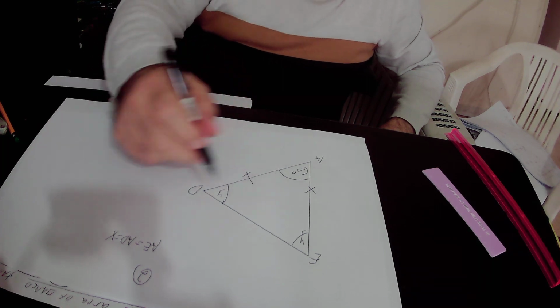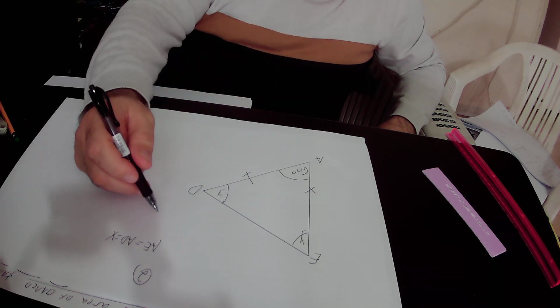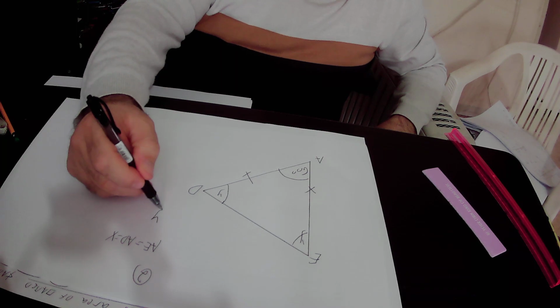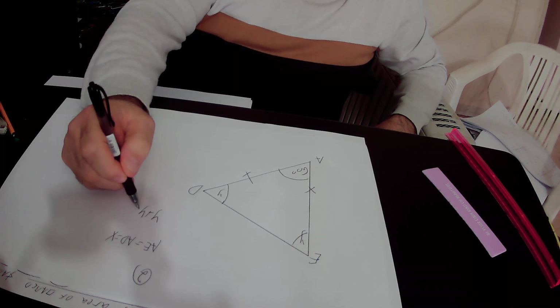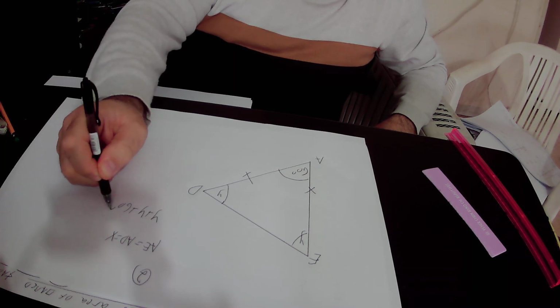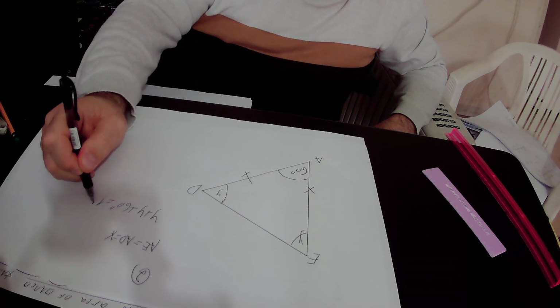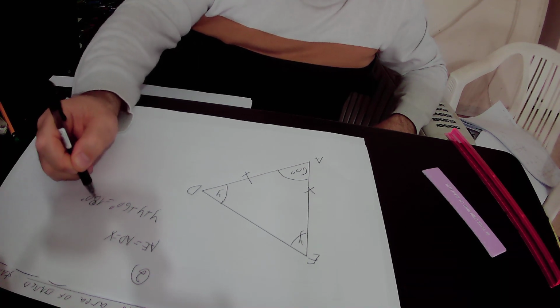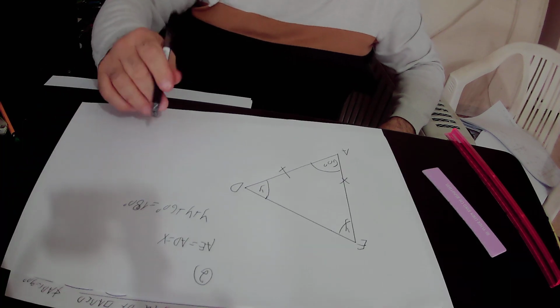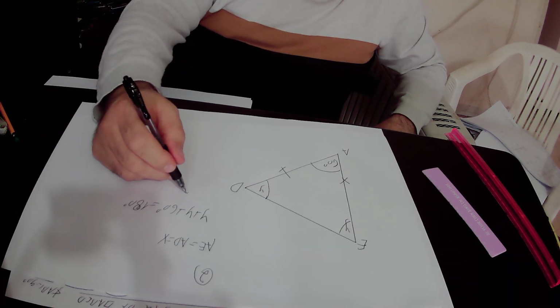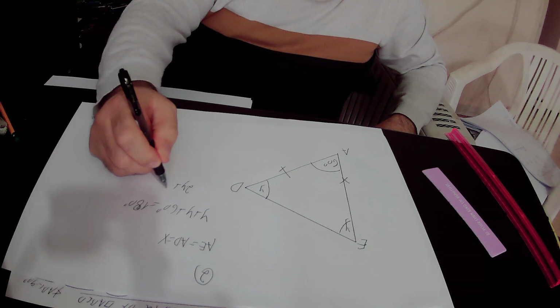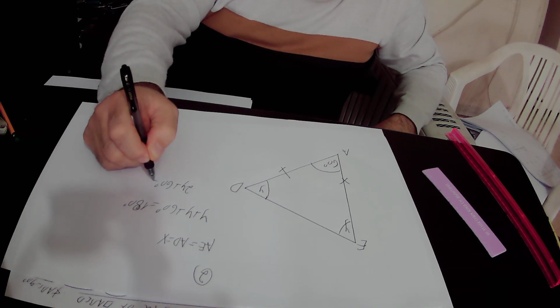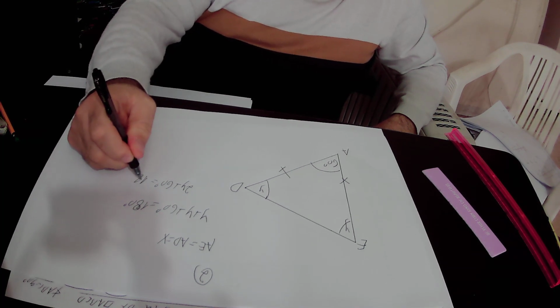That is to say, in this triangle, y plus y is 2y, plus 60 degrees equals 180 degrees.